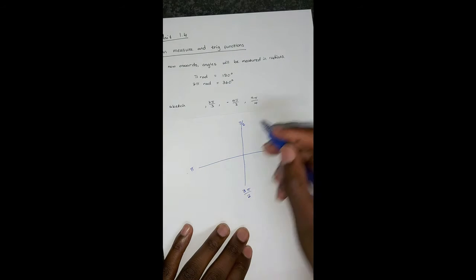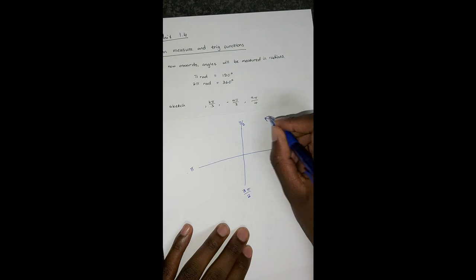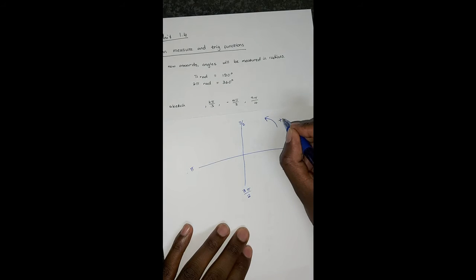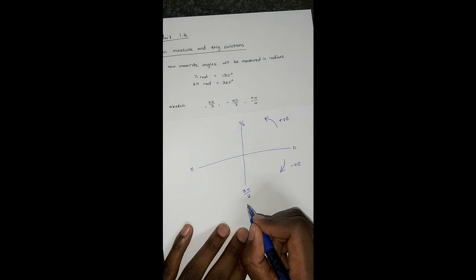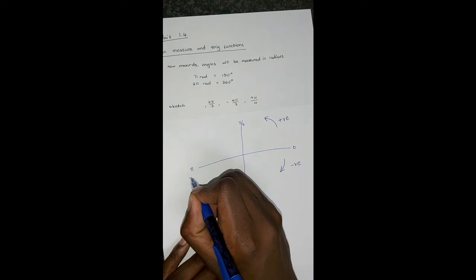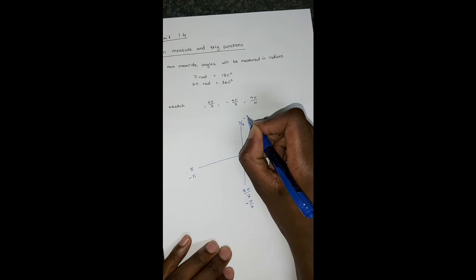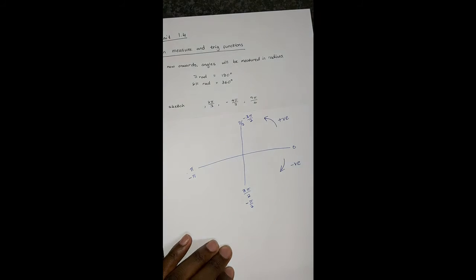If you're going in an anti-clockwise direction, that's positive. If you're going clockwise, then that's negative. So this is also negative pi over 2, this negative pi, this one negative 3 pi over 2.